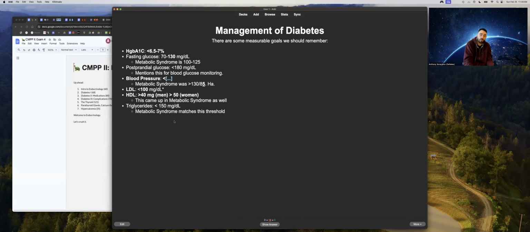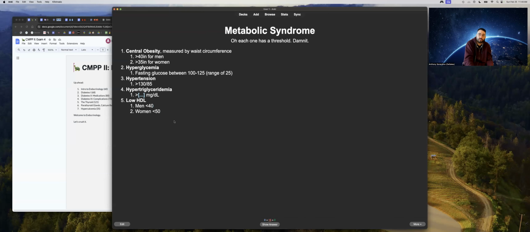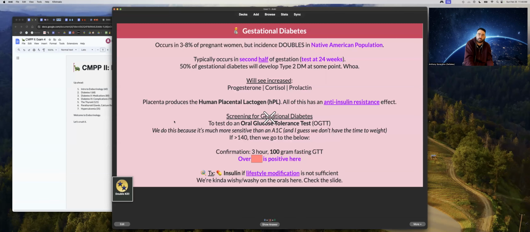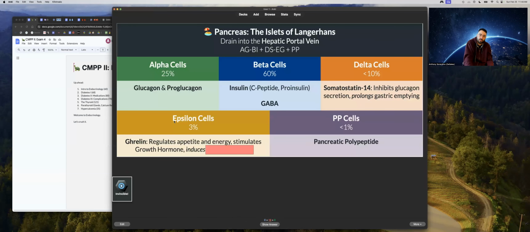Blood pressure is 130 over 80 for management of diabetes. Hypertriglyceridemia is greater than 150. Love that number. 50 times 3. 200 for OGTT for gestational diabetes.